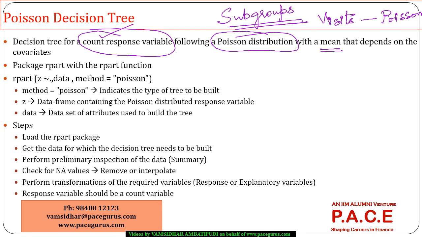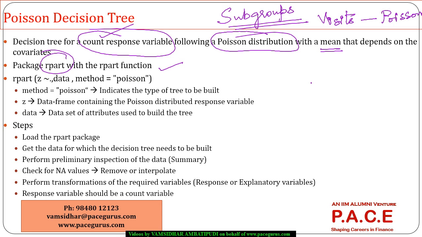If it follows one mean for the entire set of data, then we'll have one single mean. But for different subgroups of data based on different covariates, if the response variable has different mean values, then we can rely on the Poisson decision tree model. The Poisson decision tree is very well implemented using the rpart package and the rpart function.